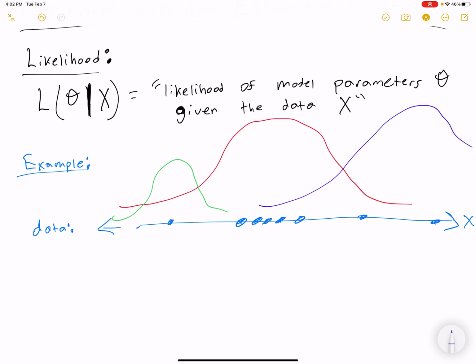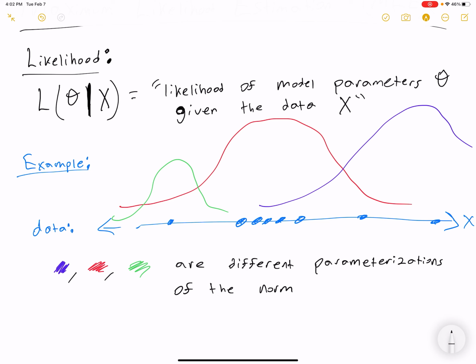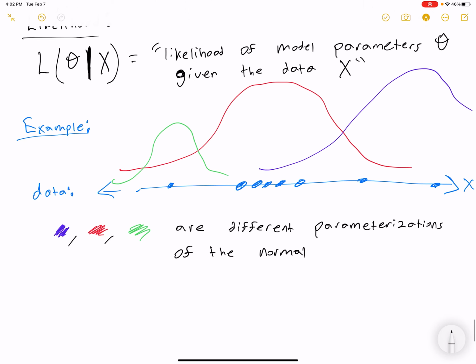So, well, let me write this out. This, that, and that are different parameterizations of the normal distribution.